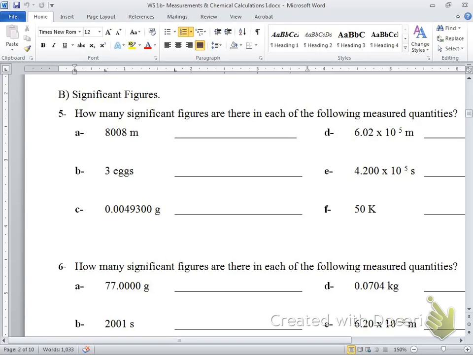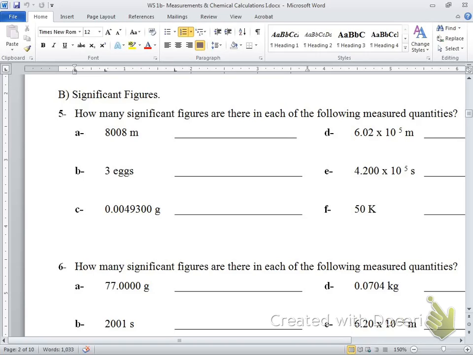In class, I gave the rules differently because I'm trying to teach why they're that way. This is just the rules. If you look at 8008, somebody in lecture this week pointed out something very good.